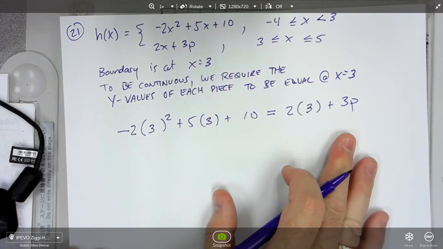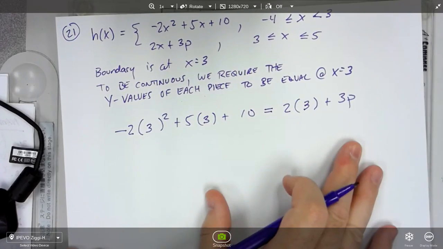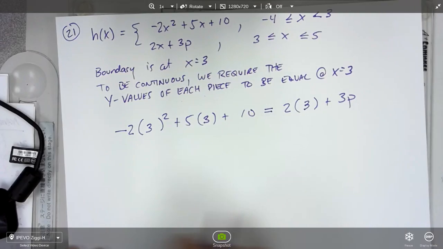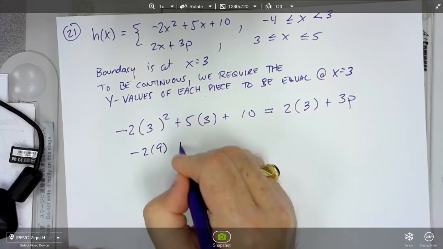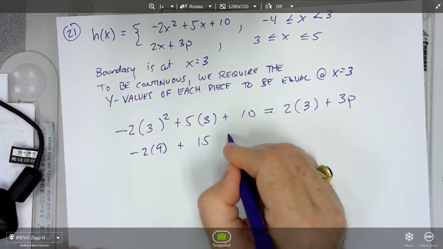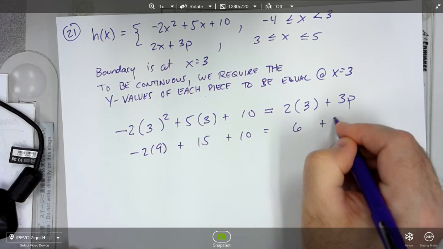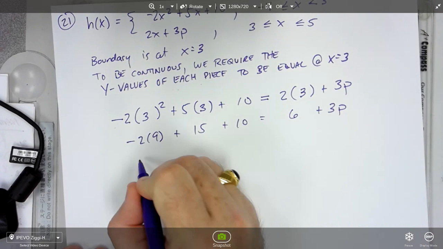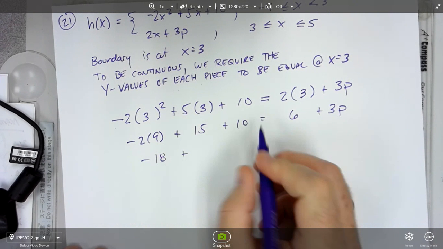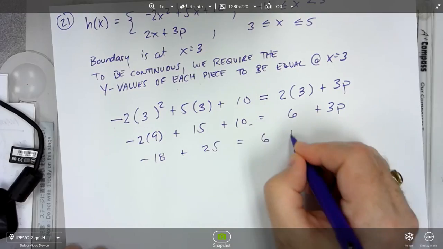All you have to do is know what to do to it. So you get -2 times 9 plus 3 times 5 is 15 plus 10 is equal to 2 times 3 is 6 plus 3p. So you're going to get -18 plus 25 is equal to 6 plus 3p.